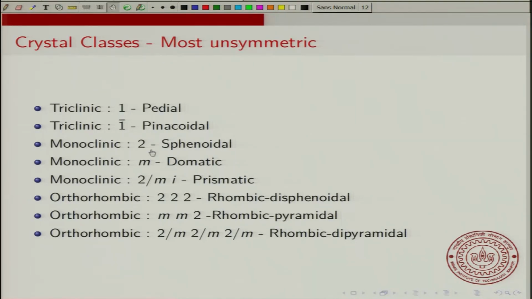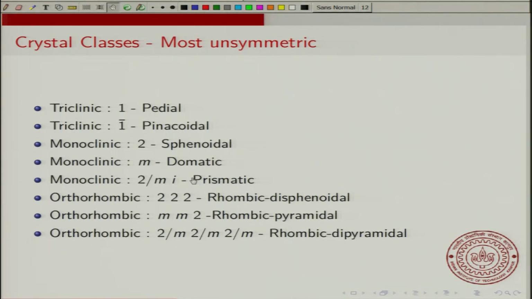Now, if you have a two-fold axis of rotation and a mirror perpendicular to the axis of rotation, then automatically that implies that you have an inversion center in the crystal, and the crystals that only have these symmetries are referred to as prismatic.